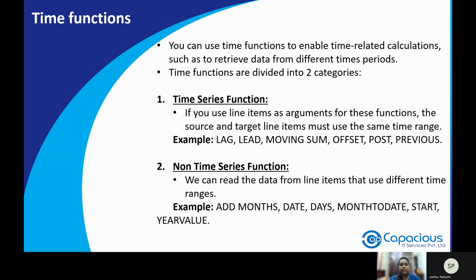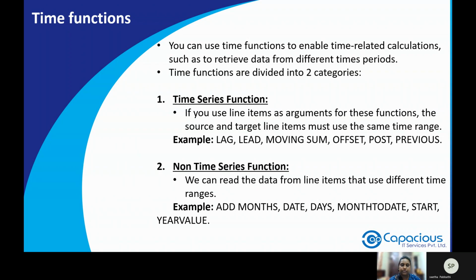In time series functions, the line items have an argument for these functions that the source and target line items must use the same time ranges. It should not be different, because the source should be related to the target, and only then will it do the further calculation in the source module.